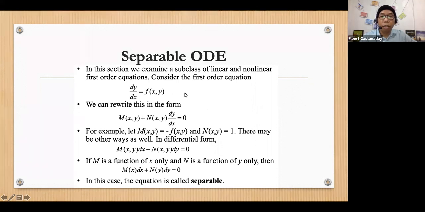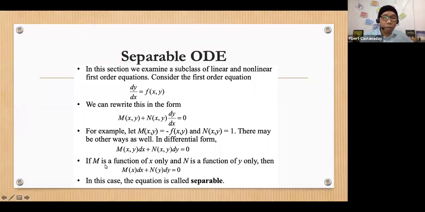For example, let m equal to this given function, and n is equal to 1. There may be other ways, but basically rewriting this form will give us m. What happened here is you multiply both sides by dx. So m times dx plus n times dy equal to 0.